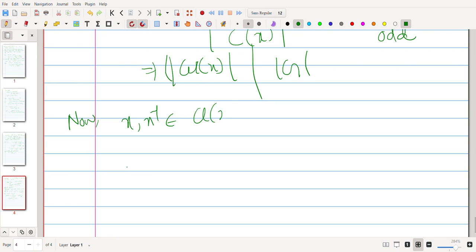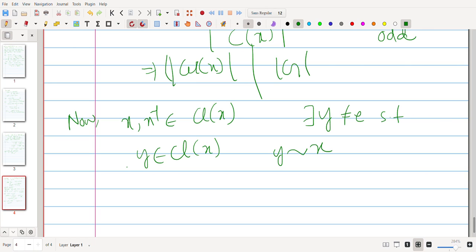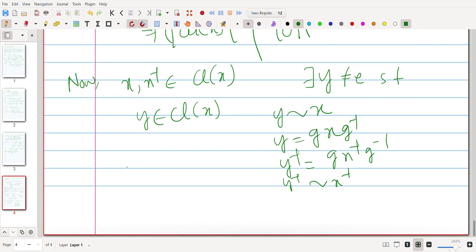Now X inverse belongs to the conjugacy class of X. Since the conjugacy class of X has odd order, there exists Y not equal to identity such that Y belongs to the conjugacy class of X. That means Y is conjugate to X, so Y is G X G inverse, right? That means Y inverse is G X inverse G inverse, then Y inverse is conjugate to X inverse.